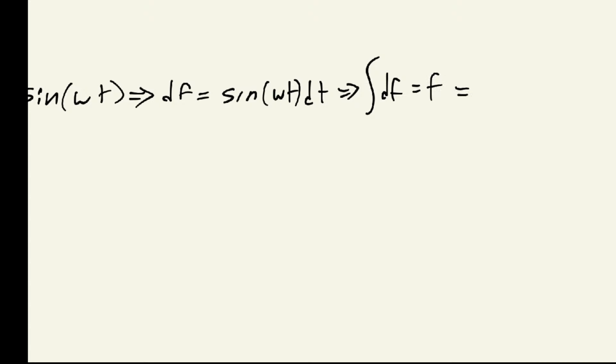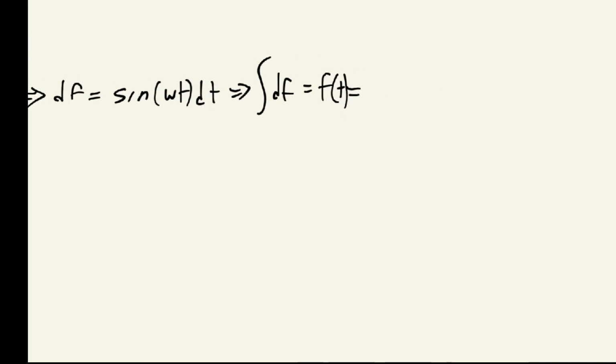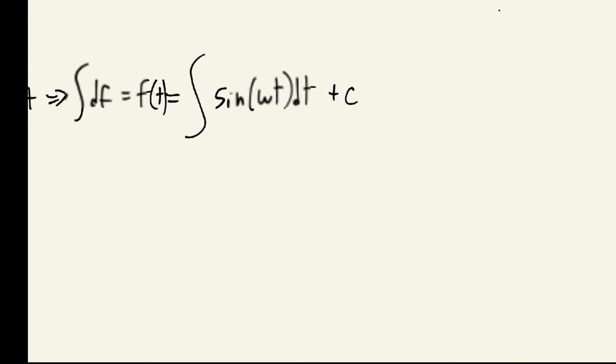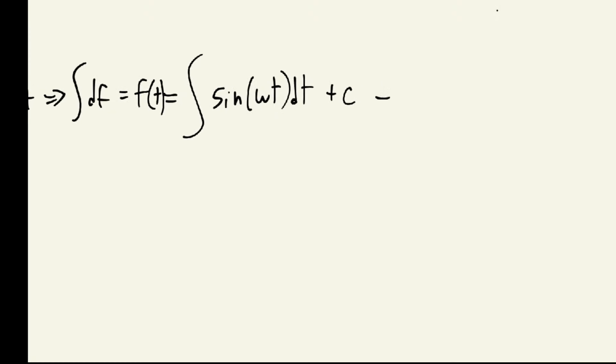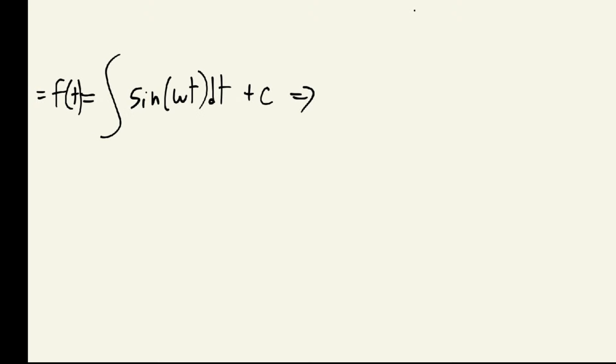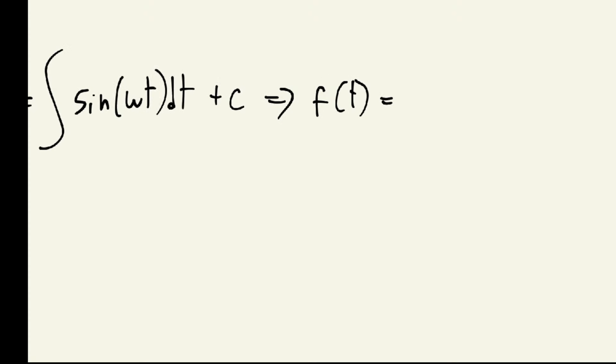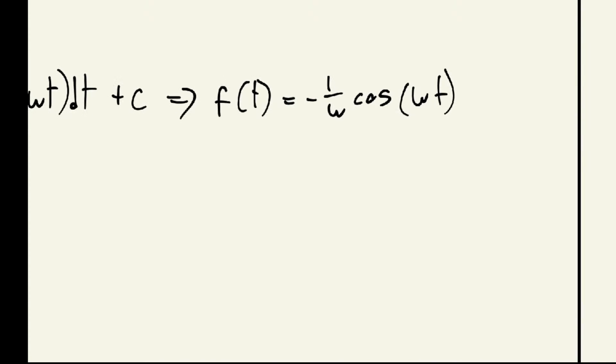That equals, sorry, f of t equals the integral of sine omega t dt plus c. Now, what is the integral of sine omega t? Well, it's going to be very similar to the last thing that we had with the cosine. We'll have that f of t equals negative 1 over omega cosine of omega t plus c. Again, I cannot stress enough how important that constant is.